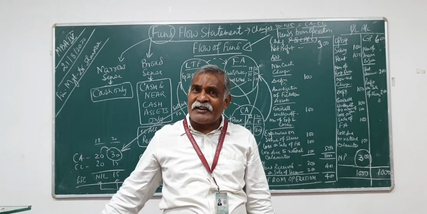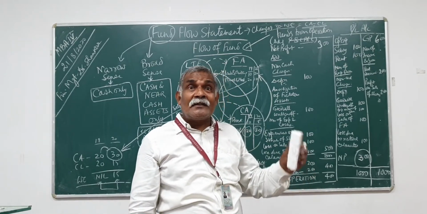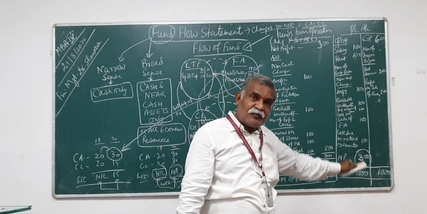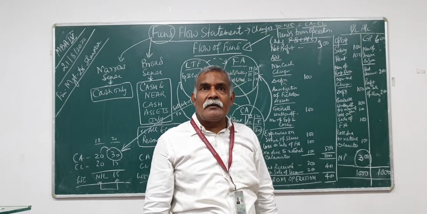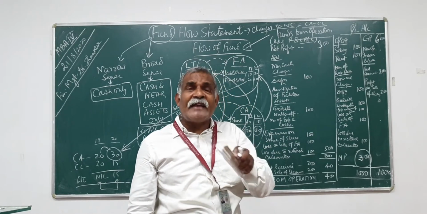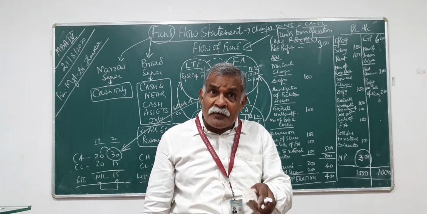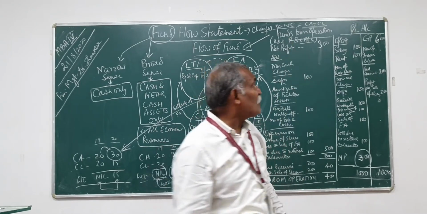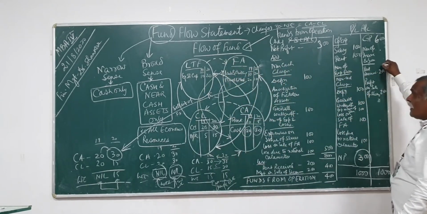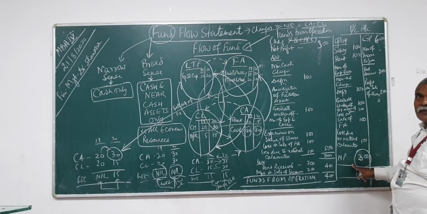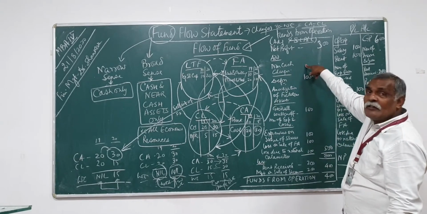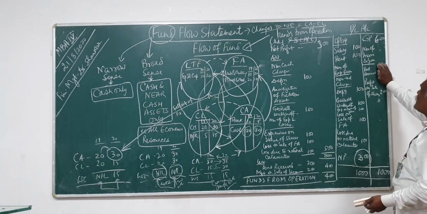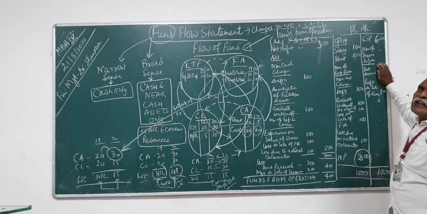What sort of adjustment? Items by which your net profit is increasing, those you have to deduct. Which items? Non-operating income and gain. Because of this non-operating income and gain, our net profit is increasing. And because of non-operating expenses and losses, our net profit is decreasing. Suppose there is rent received, which has no relation with operation.